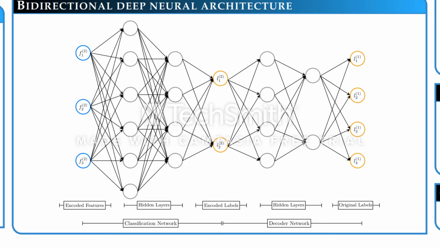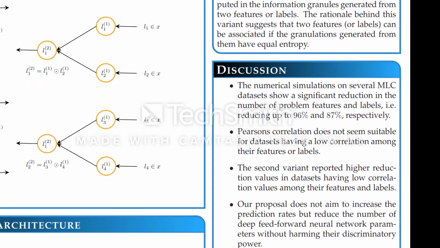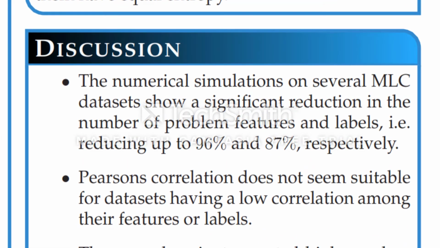Once the higher-level features and labels are extracted from the datasets, they are connected with several hidden processing layers. Finally, a decoding process is performed connecting the high-level labels to the original ones through one or more hidden processing layers. The numerical simulation on several MLC datasets shows a significant reduction in the number of problem features and labels. This is, reducing up to 96% and 87% respectively.